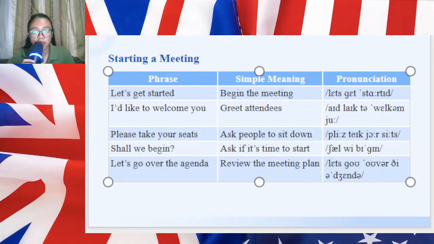It's a more polite and somewhat formal inquiry asking if the attendees are ready to start the meeting. So it's asking if it's time to start. But usually if you ask this, you are just saying that we should begin the meeting. Okay? The phrase seeks consensus from the group before officially starting the meeting.